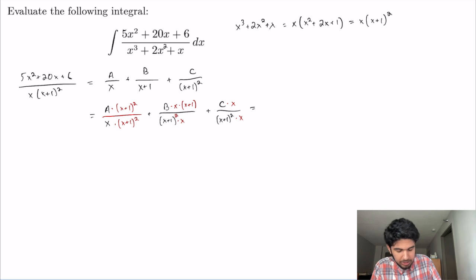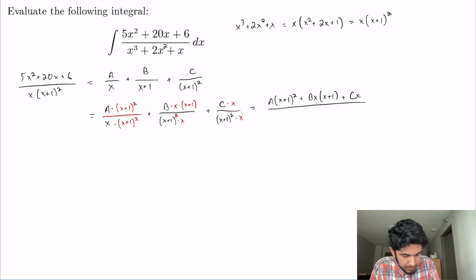We can combine this into one massive fraction, A times (x plus 1) squared plus Bx times (x plus 1) plus Cx, all of this over x times (x plus 1) squared, which we said was equivalent to the denominator of our original fraction.